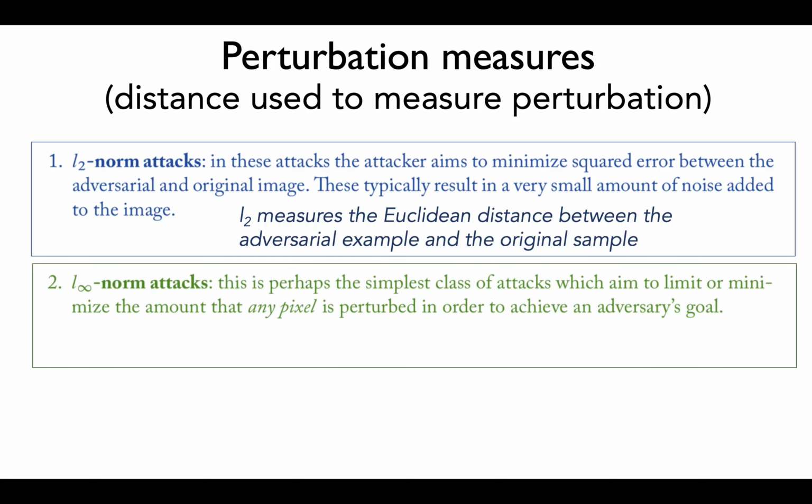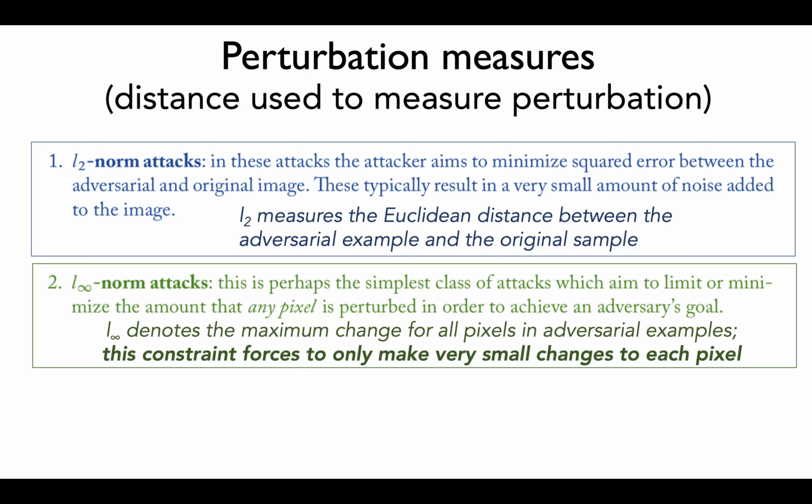In contrast, in an L infinity norm attack, you are interested in bounding the maximum change that you can make. So when you are given a vector or a matrix, the L infinity norm gives you the maximum value. So in these attacks, the maximum change that you can make is bounded.